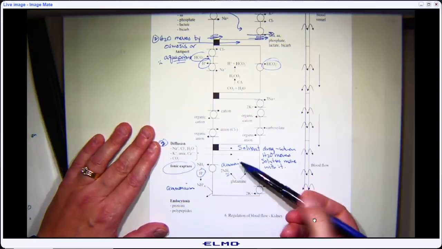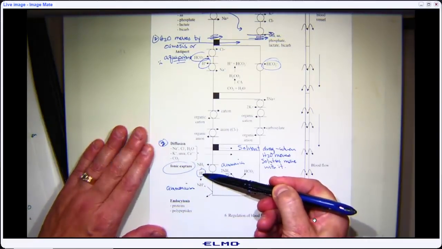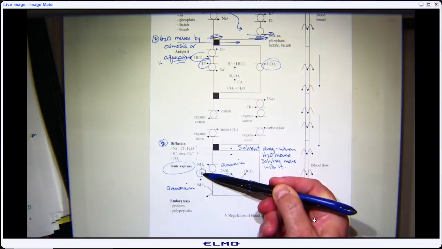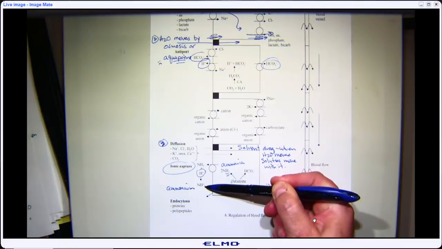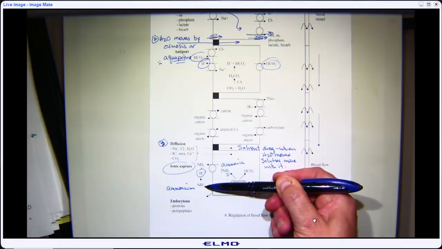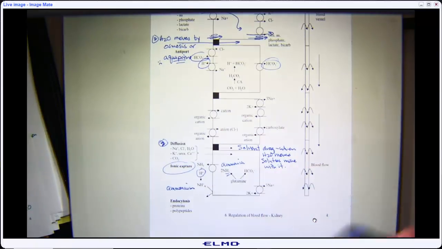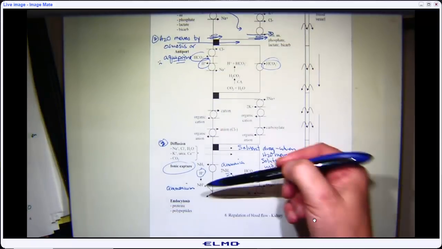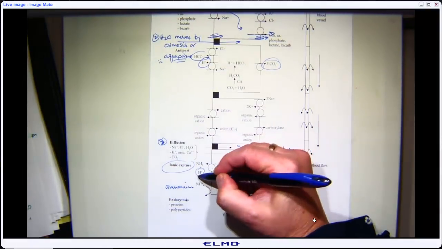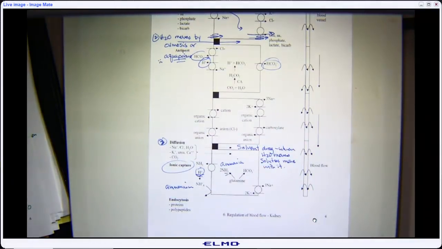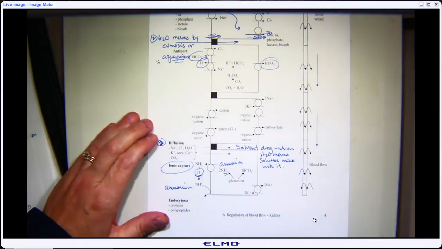All right, so this little maneuver trapped a hydrogen ion on the luminal side. We don't want ammonium, or else we'd get it back, but we trapped a hydrogen ion in there with it, and we can excrete that out now. So this is a little trick for regulating hydrogen ion. I'm going to leave it there. We're going to circle back to that when we start regulating something else.